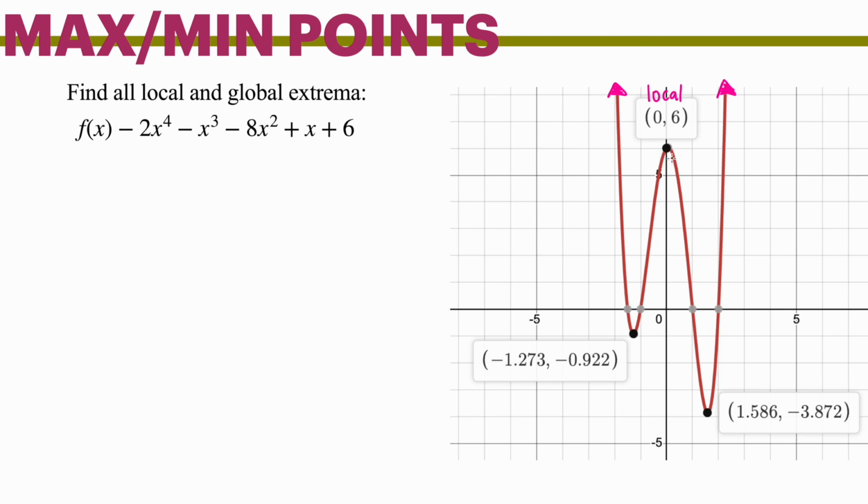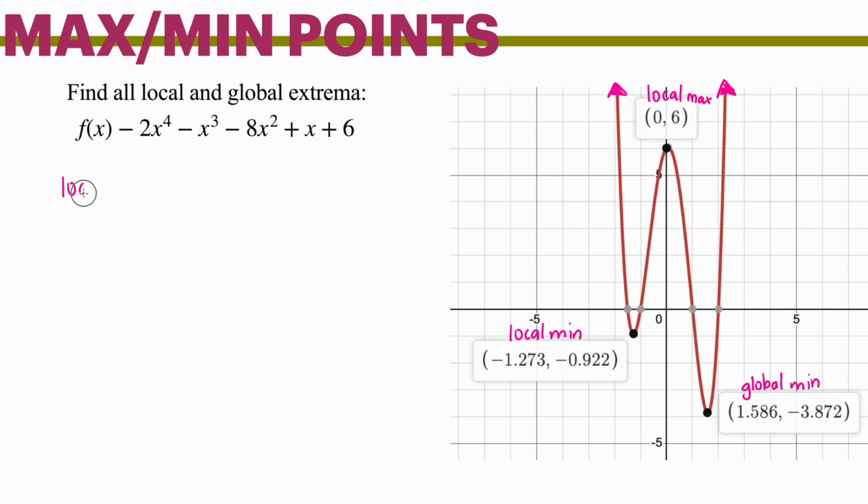And because this is the biggest point of just this area, this would be a local max. This would be a local min because it's the lowest point of just this area. And this point would actually be a global min because it is the lowest of the entire graph.